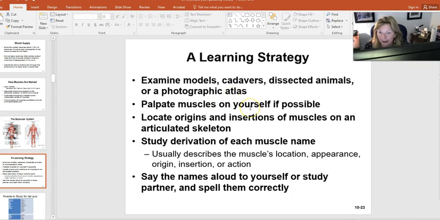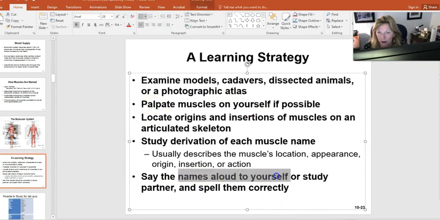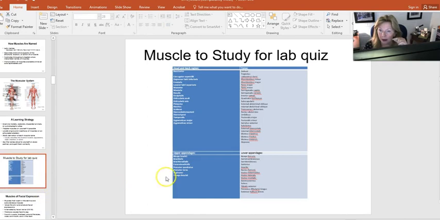Looking at Anatomy and Physiology Revealed, palpating your own muscles and saying them out loud to yourself is a great study tool. Now, the next slide is actually the word bank that I provide for you in your Canvas. So this is our word bank, and what I have done is taken the major muscles from each region.